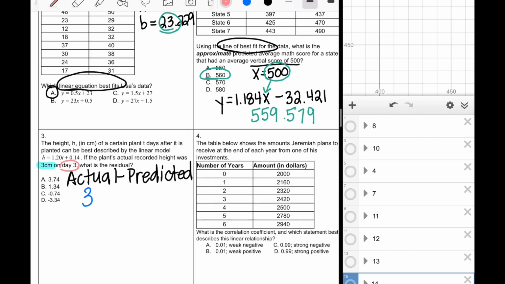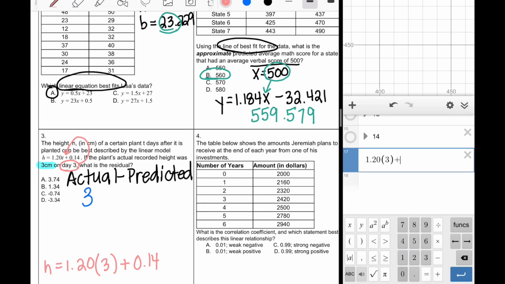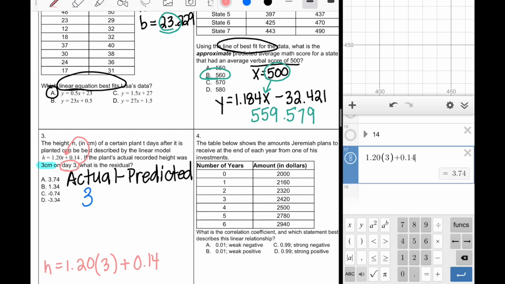So we have day 3, and we're going to plug day 3 in for t, and that's going to give me my predicted amount. So I have h equals 1.20 times 3 plus 0.14. I can plug that directly into Desmos to calculate it, and I get that the predicted height would have been 3.74.